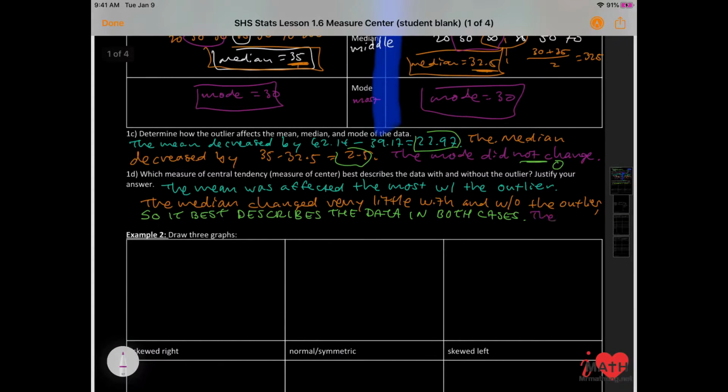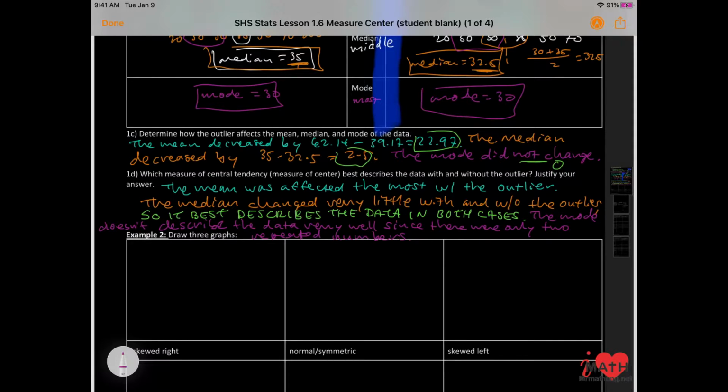The mode doesn't describe the data well, since there were only 2 repeated numbers. Okay, so there in green was kind of like my big idea.